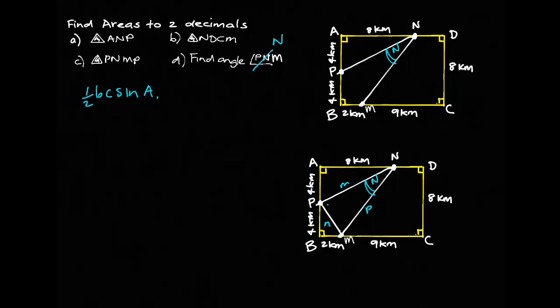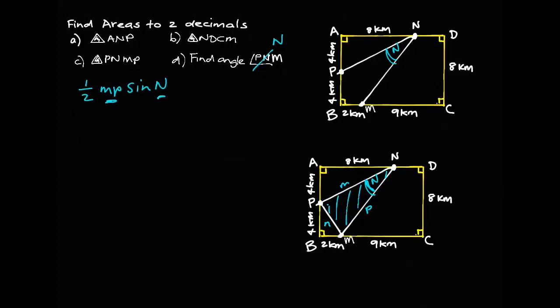Now if we can work out m and p, and we know the area of this triangle, then we can use this rule to find n, but it'd be of the form a half mp sine n. Remembering to get this rule right, n is the angle that you're looking for, and these two values are the two adjacent values to the angle, not the opposite value.